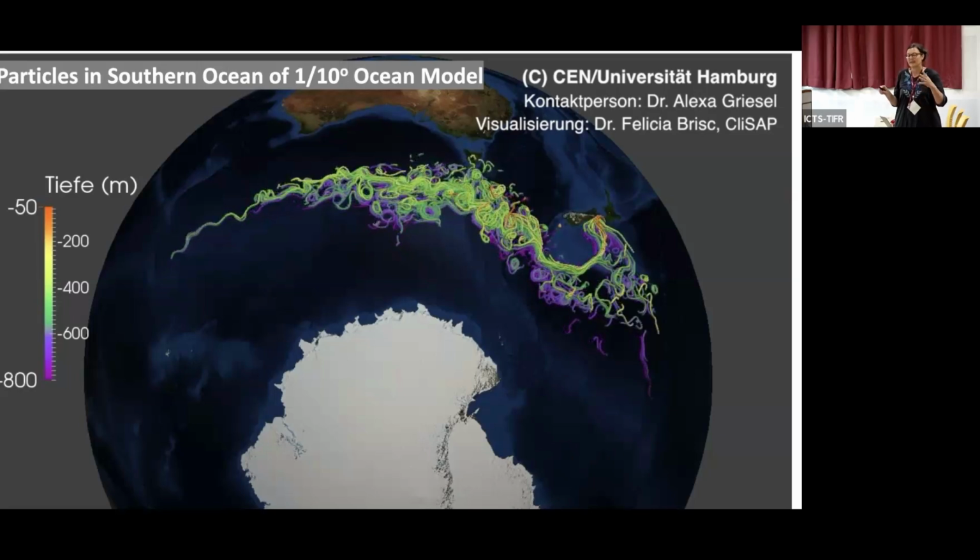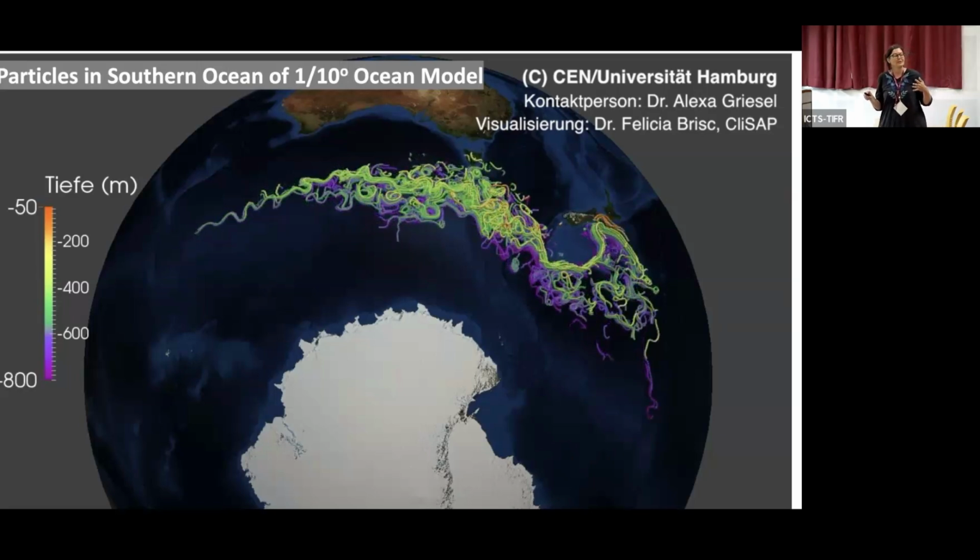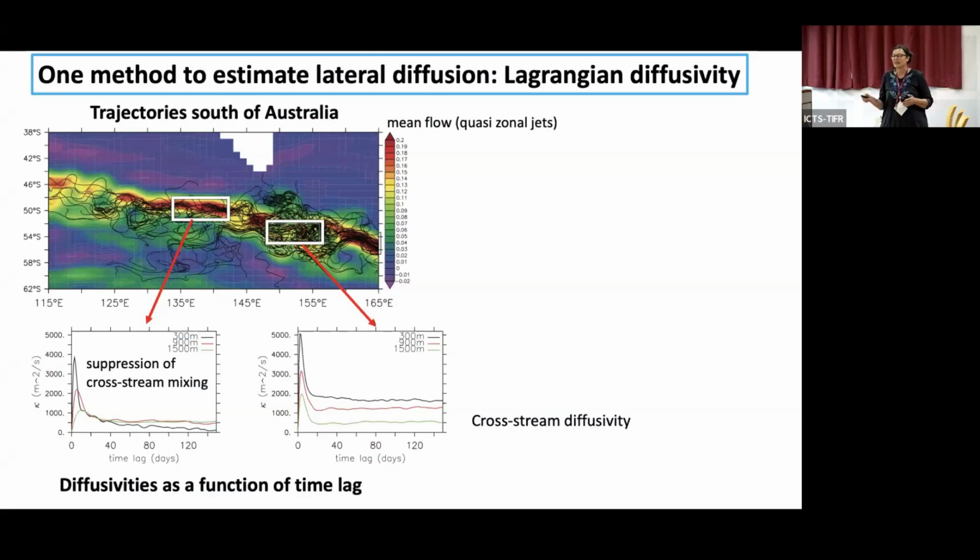From these trajectories, we then want to diagnose the diffusivity. Here are a couple of examples. You see in color the mean flow, and some of these trajectories in the South Atlantic. There are two boxes here: one where you don't have a strong mean flow, and one where you have a strong mean flow. When you diagnose the diffusivity, you see that in this area you have a decrease of diffusivity. First of all, it does converge with time lag, but you need at least 40 days.